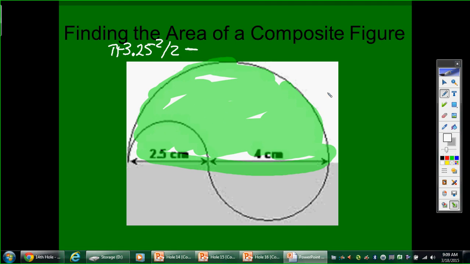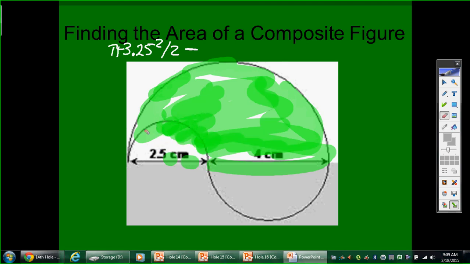I need to subtract out this little piece that's missing over here. So I need to subtract out that. And the area of that would be pi times my radius. My diameter is 2.5, so my radius would be 1.25 squared.